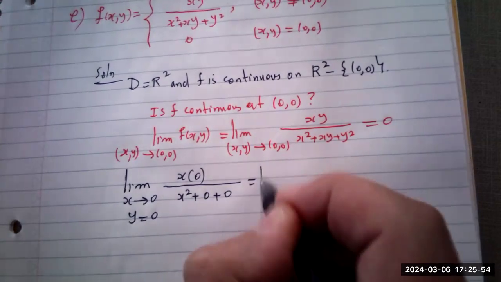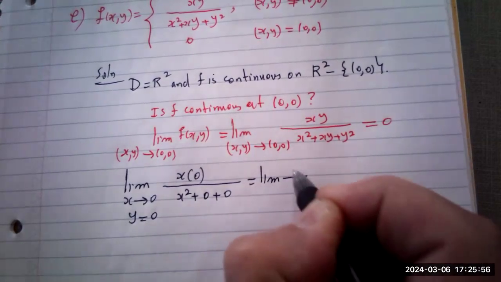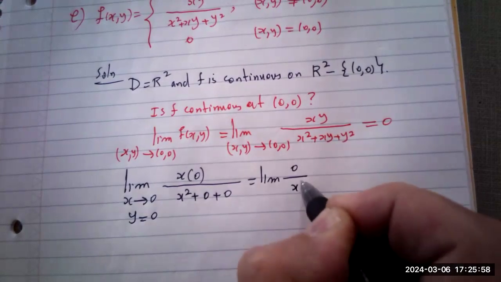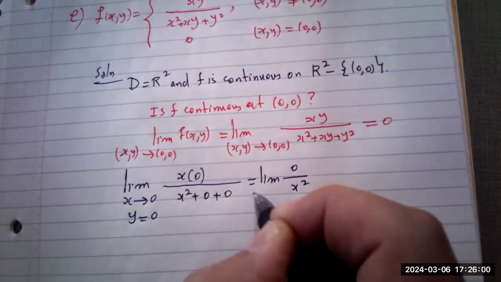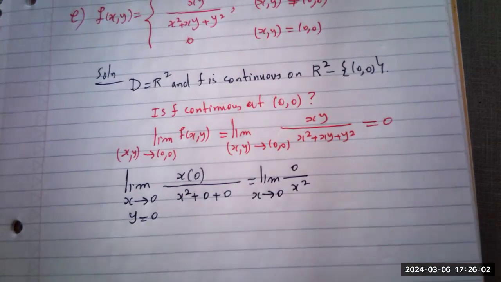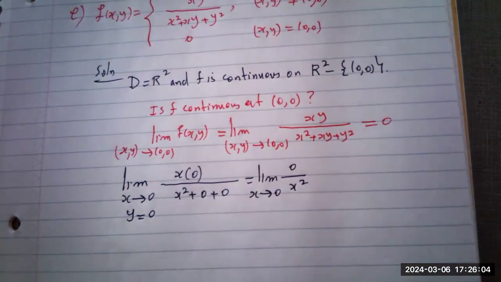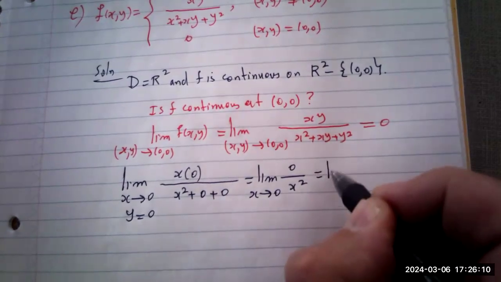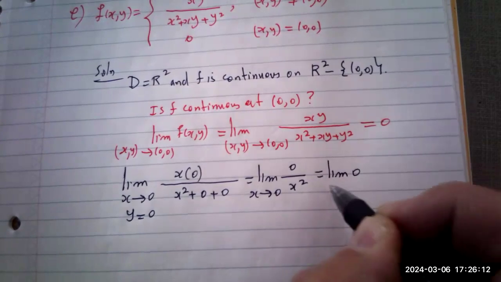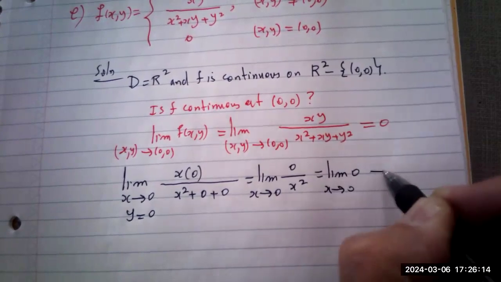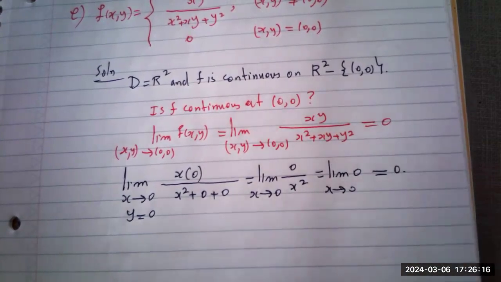So we arrive at the limit of 0 on the top, x squared on the bottom, as x goes to 0. Again, before taking the limit, that fraction is 0. So it's equal to the limit of 0 as x goes to 0, which would be 0. That's case 1.